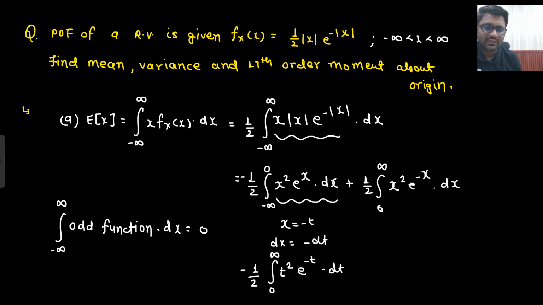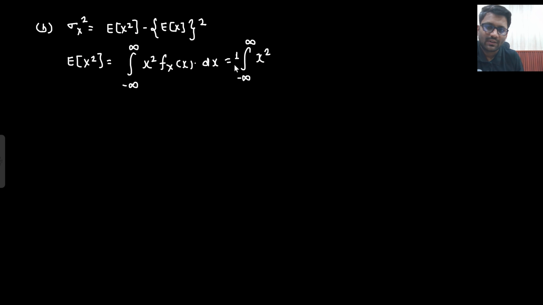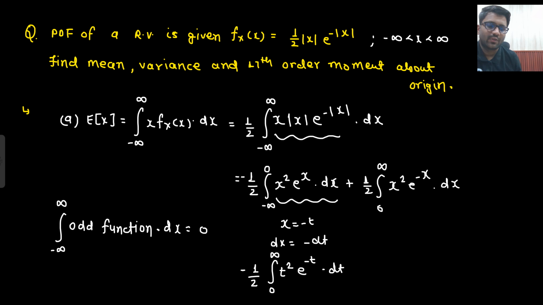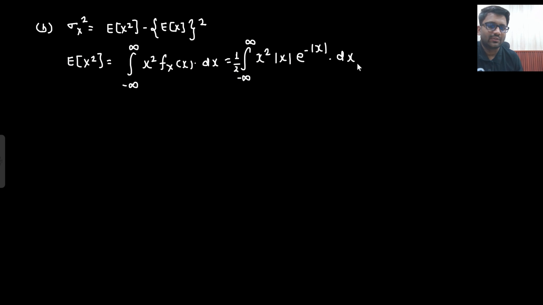Expectation of x square would be equivalent to integral from minus infinity to infinity of x square fX(x) dx. What is your fX(x)? So 1 by 2 I can take outside, mod of x e to the power minus mod of x dx. 1 by 2 is already outside.